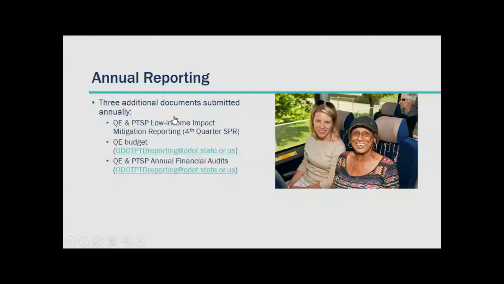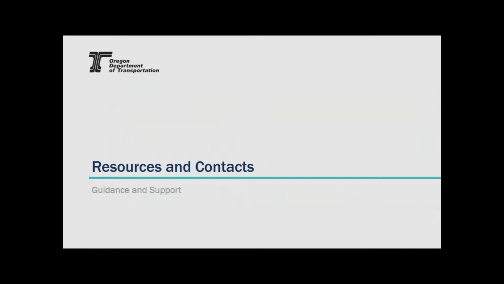For the copy of the QE's budget, that deadline is no later than 30 days after the adoption, and all financial audit reports deadline is no later than 30 days after the receipt of the auditor's final reports, and that needs to be emailed out to the ODOT ptdreporting@odot.state.or.us email address. So this is referenced in the overview document, but we will be keeping track of what's been received from the QEs and from the providers.